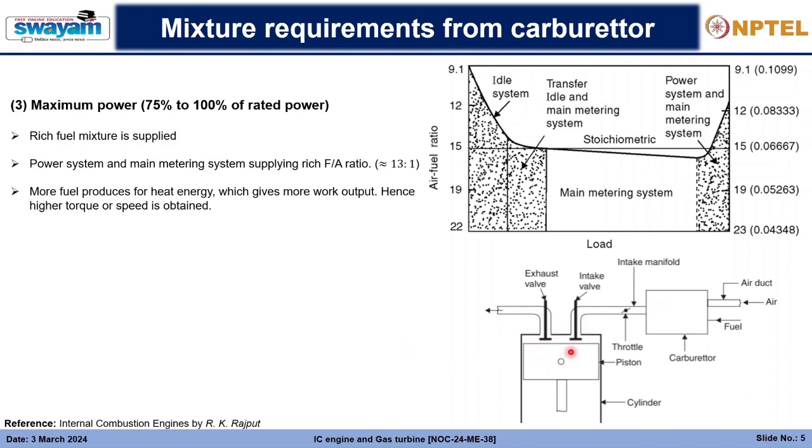In that way, a high amount of fuel would have already been present inside. So why do we not do that, and instead supply a richer mixture instead of the stoichiometric ratio? That's the question, and we will learn why a rich mixture is required instead of just having a higher amount of mixture in the stoichiometric ratio.